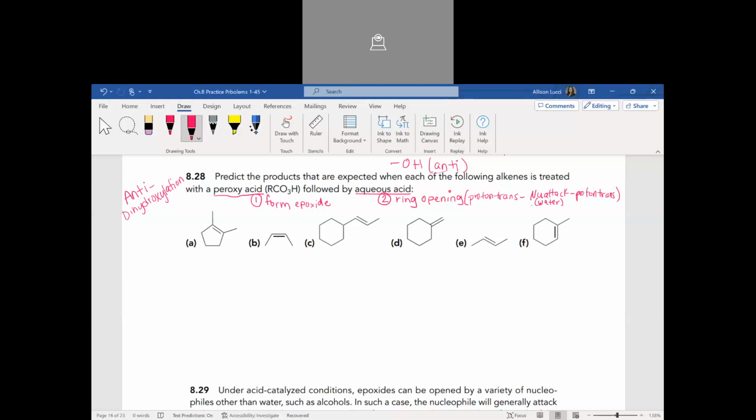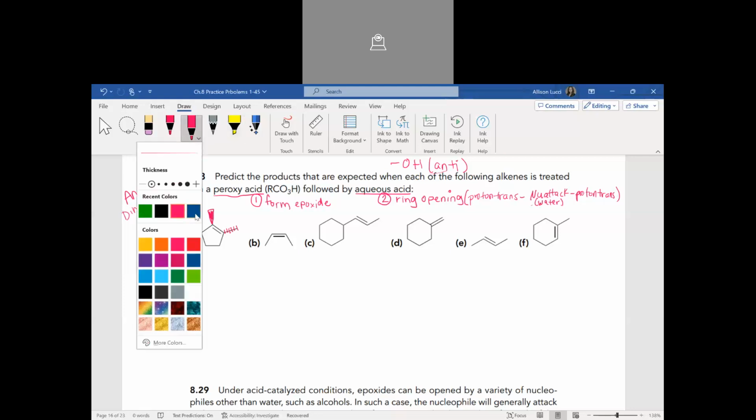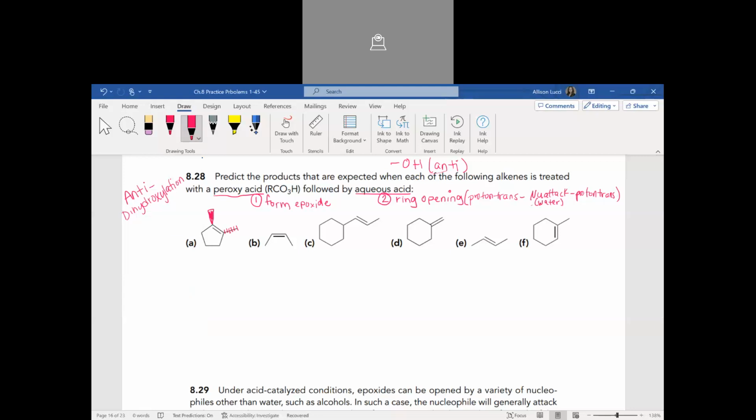So let's take a look at A here, and we can place this methyl group on a wedge, and I'm going to place this methyl group on a dash, and we're going to add to this double bond our 2 hydroxides. So we have this, we can put our OH on a wedge here, right?